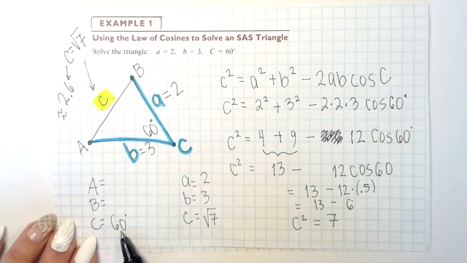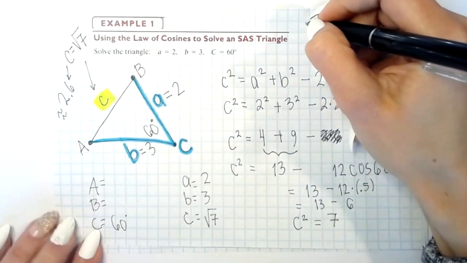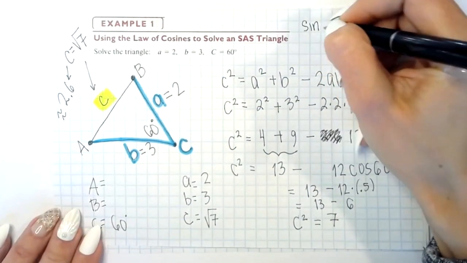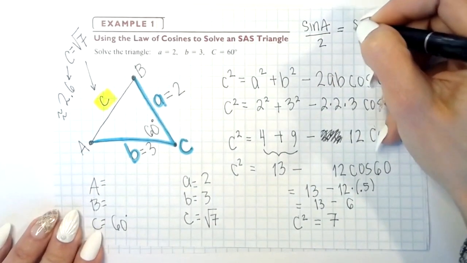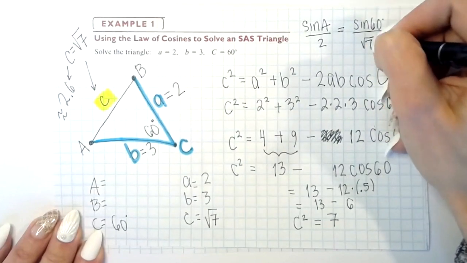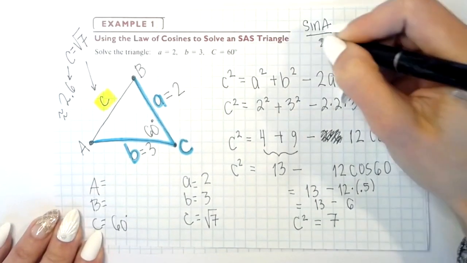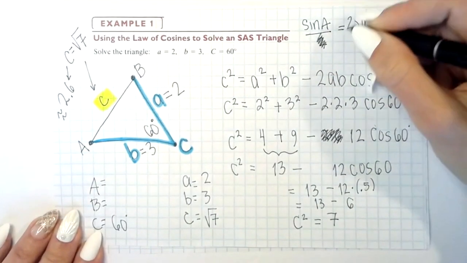So up here, I'm just going to set up, remember, we're solving for an angle, so sine is going in the numerator. Sine A over 2 equals sine 60 over radical 7. Now we need to multiply both sides by 2. And this number, 2 sine 60 over square root of 7, is a number you can calculate in the calculator.